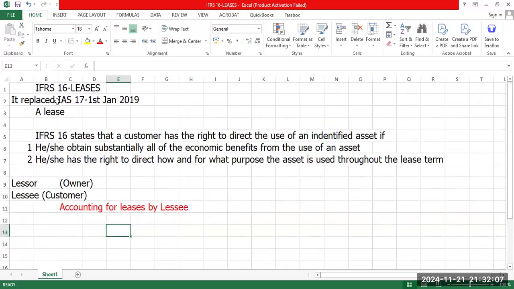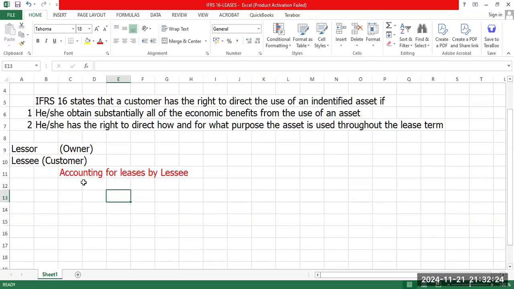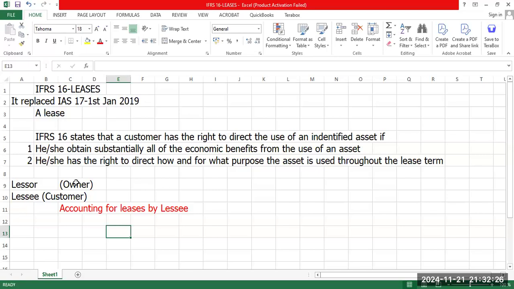Before bringing in this standard, when we were handling IAS 17, in the books of lessee we could be talking about what we call operating lease and finance lease. But because of this standard, IFRS 16, we no longer account for operating lease and finance lease separately.